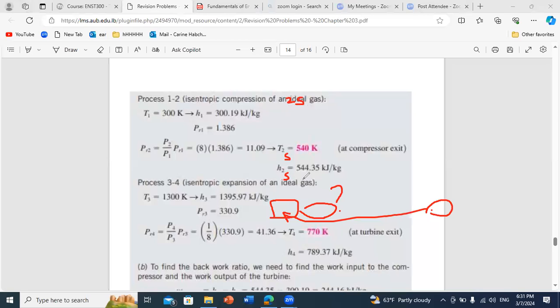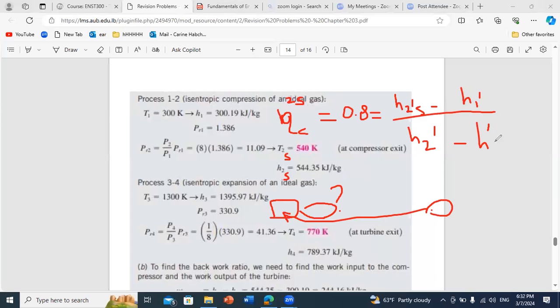But to get H2 real, I just say that the isentropic efficiency of my compressor, which is 80%, 0.8, is equal to H2S, in the figure we named the point 2 prime, so H2 prime S minus H1 prime, over H2 prime minus H1 prime. The only unknown here is H2 prime, so you can get it, okay?